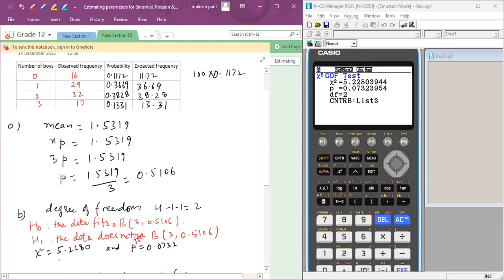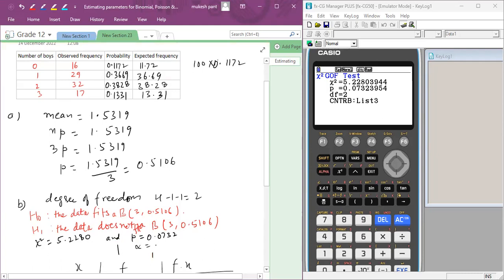In the question we are given a significance level, not the critical value, and alpha equals 1%. 1% means 1 over 100, which means 0.01.